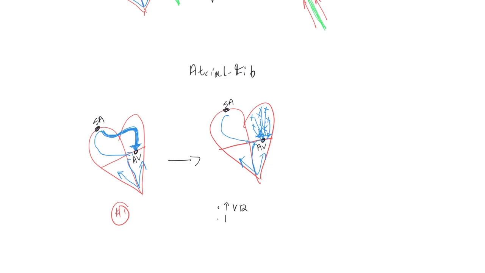You are also going to have a decreased preload because you have lost the atrial kick, the smooth atrial contraction that finishes filling up the left ventricle. So decreased preload and decreased cardiac output. And just to make sure you understand that, I'm going to draw a third heart to show you what I mean by atrial kick.